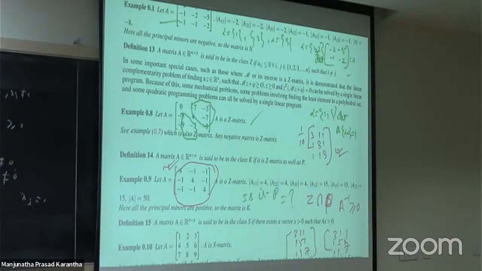I just want to compute the inverse. It is like 0.36, minus 0.06. The inverse is going to be 0.36, which is equal to 1 by 4 outside.